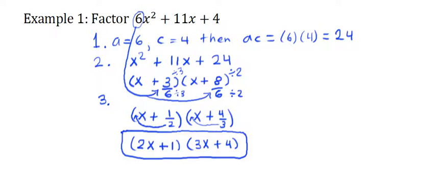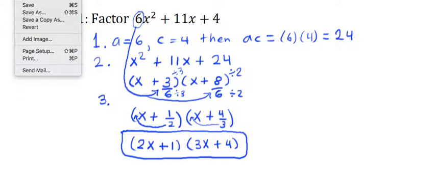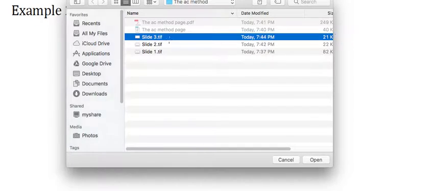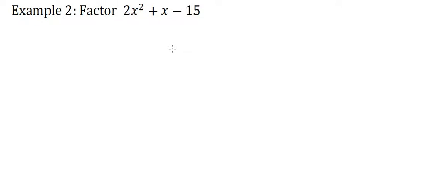Okay, let's see the next example. Example 2, factor 2x squared plus x minus 15. Again, let's follow the AC method. Step 1, we are supposed to compute a times c.